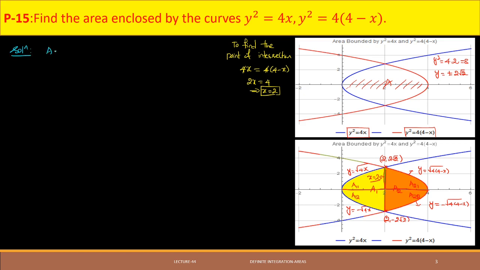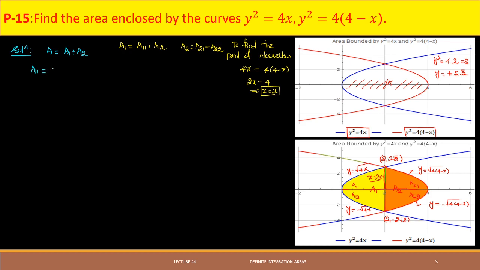The required area A is divided into two parts, namely A1 and A2, and further A1 is divided into two parts, namely A11 and A12, and A2 is divided into two parts, namely A21 and A22. Now let us find out A1. For that we have to find out A11 first.